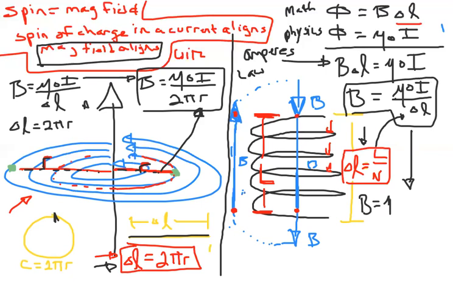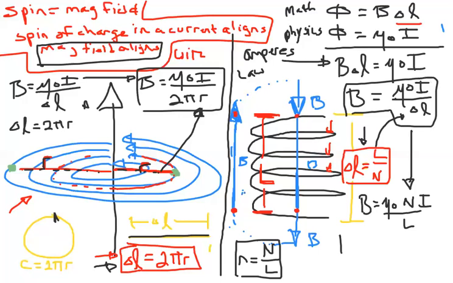So we're going to see something here. Mu naught, and then n's going to go on top, L's going to go on the bottom because it flips, and then I. But we know n over L as little n. So every time you see little n in this equation, that's what it's standing for.